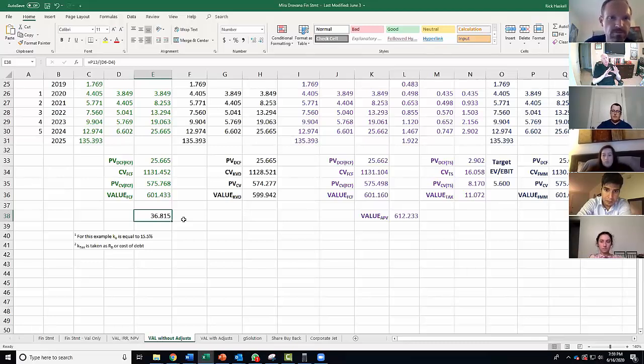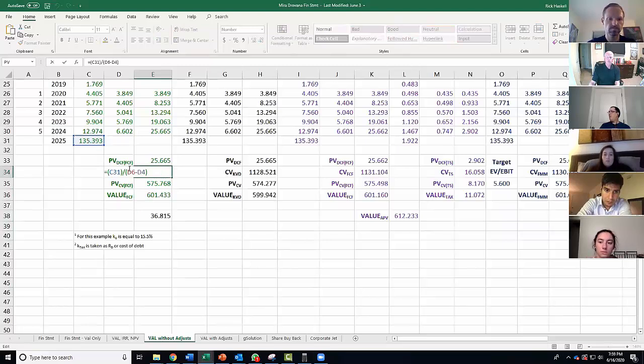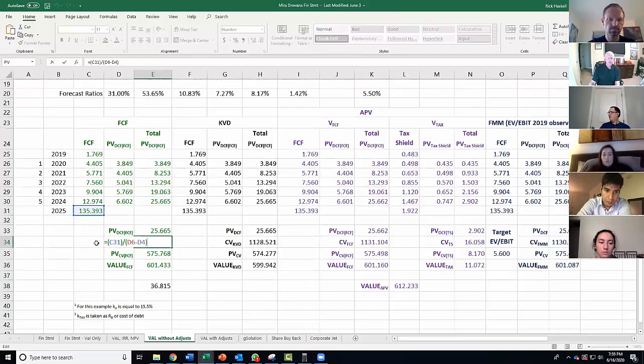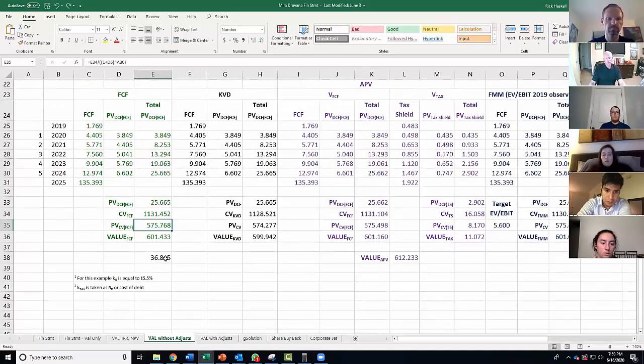And the growth that I was attributing to the future years was only 2.5%, right? Whew. I would have been better off just using my continuing value, the free cash flow from the year after the explicit period, dividing it by WACC minus G, and then discounting it back to today. 575 is a whole lot better than 36.81.